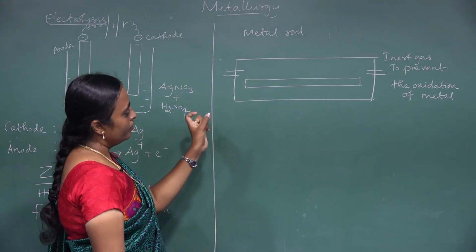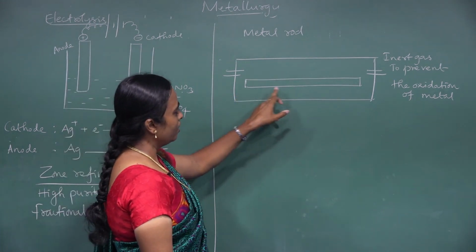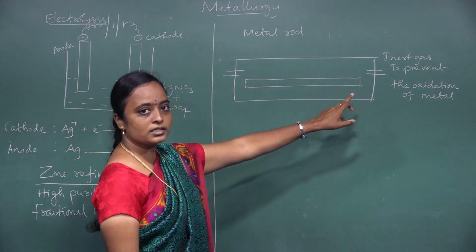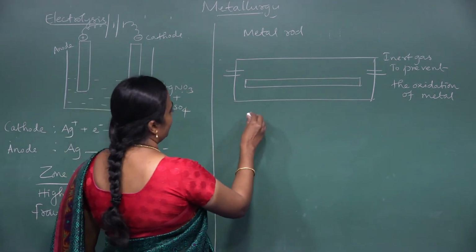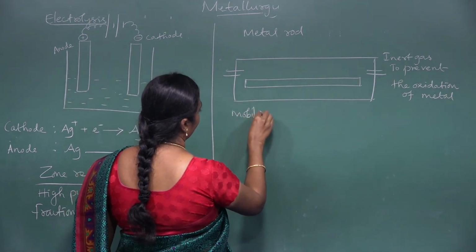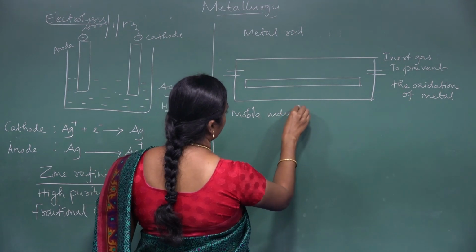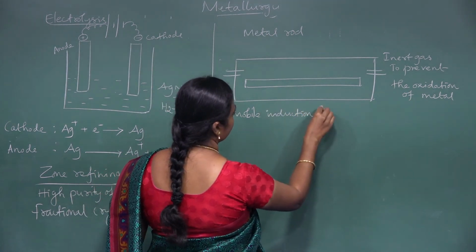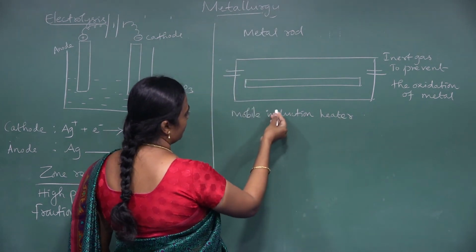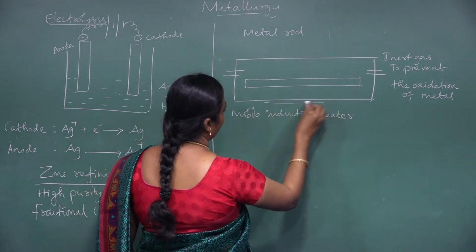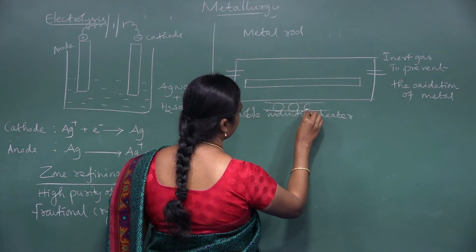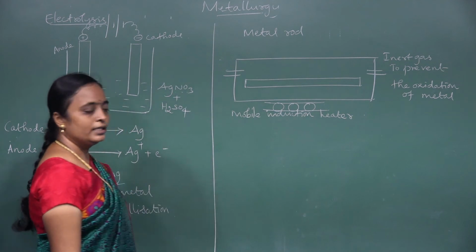I am taking a long metal rod, and this long metal rod I am going to heat using a heater, that is a mobile induction heater. In the diagram, the mobile induction heater is taken like this. This is a movable induction heater.